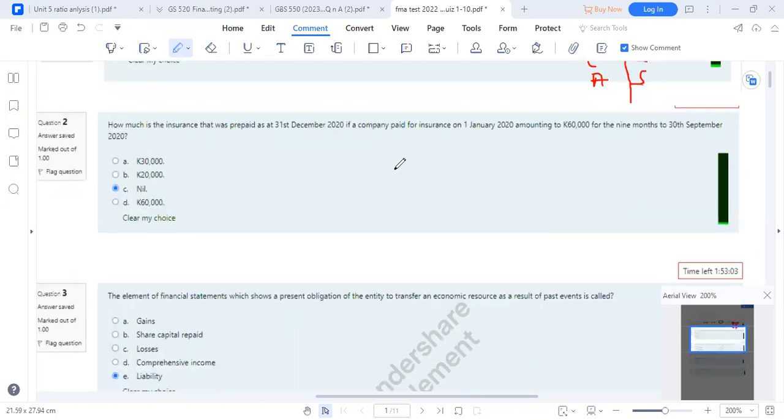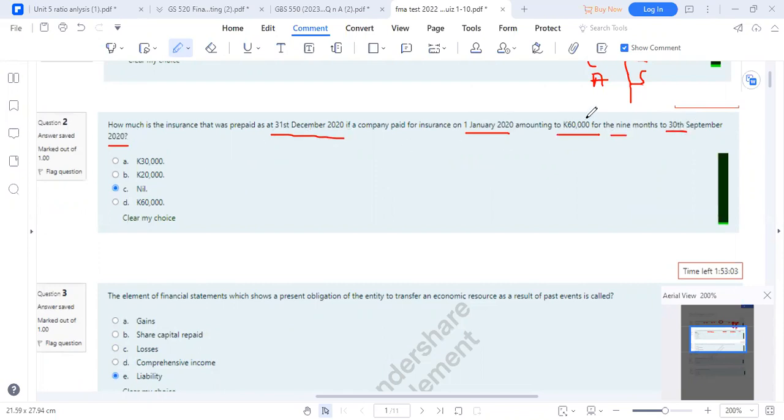Question number 2. How much is the insurance prepaid as at December 2020? If we paid insurance on 1st January 2020 amounting to 60,000 for 9 months until 30th September 2020.